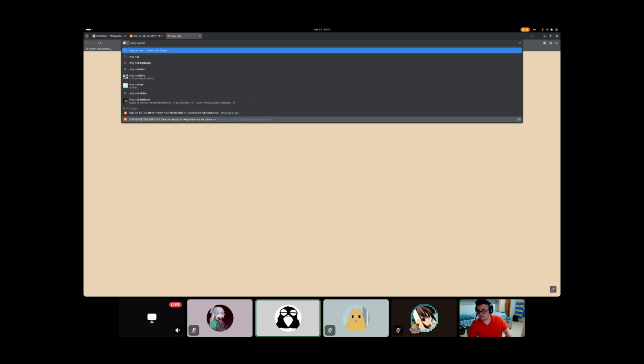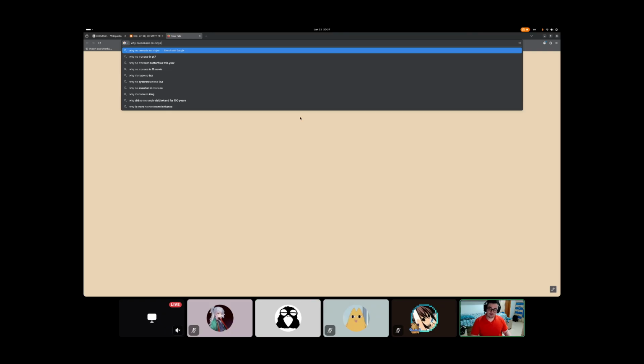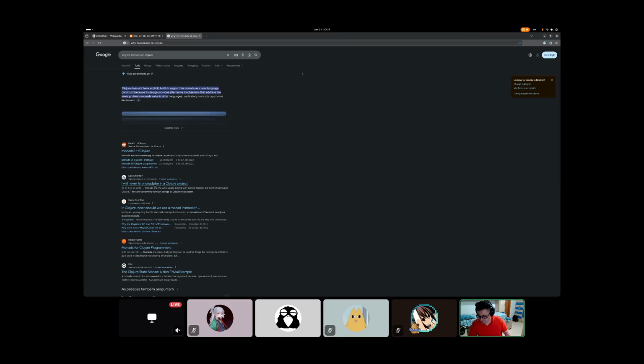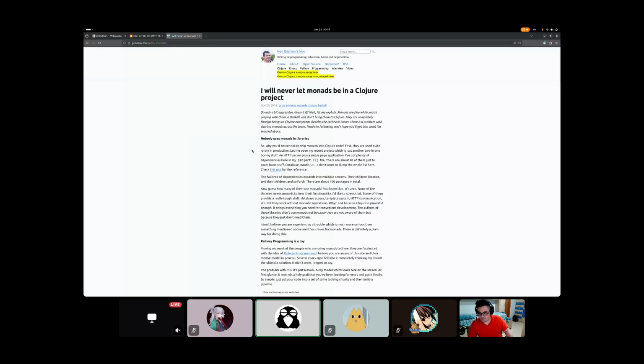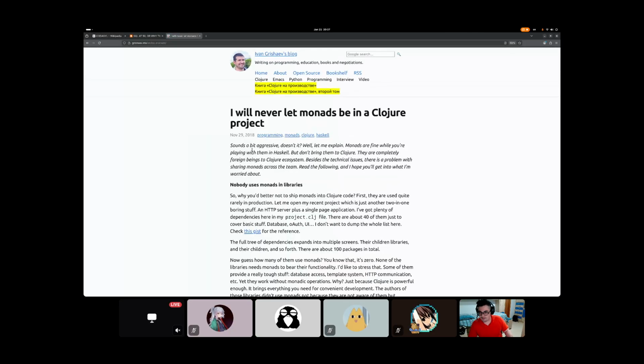Why no monads in Clojure? I read this article here, and I couldn't help but think the guy basically goes over a rant of why he doesn't like people incorporating category theory and some stuff.